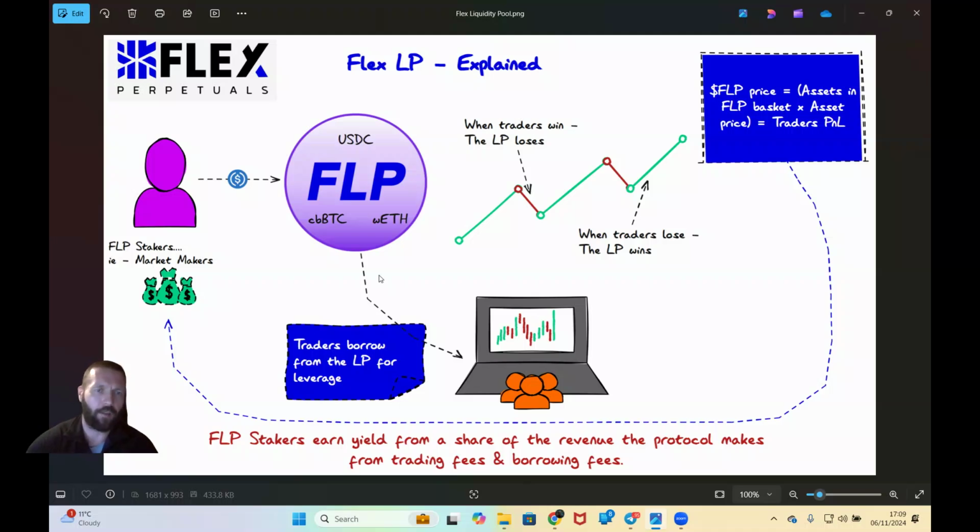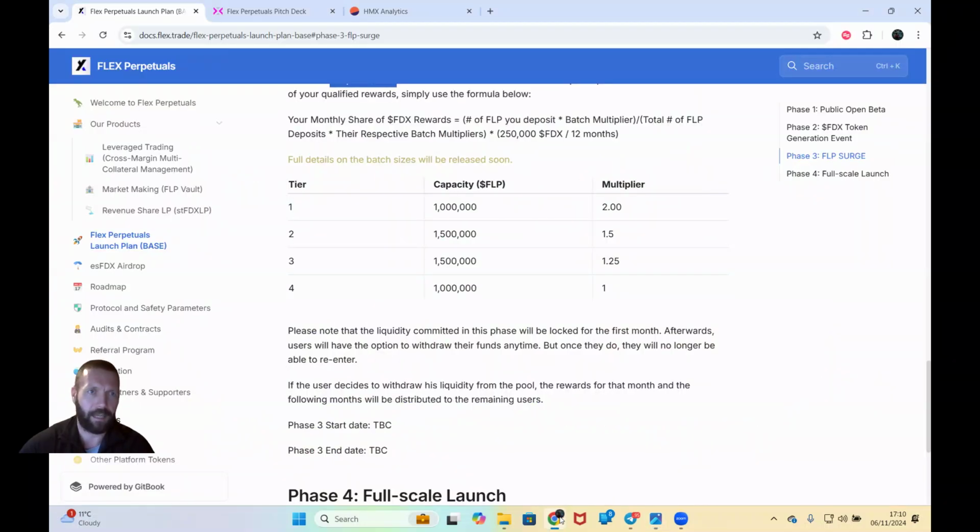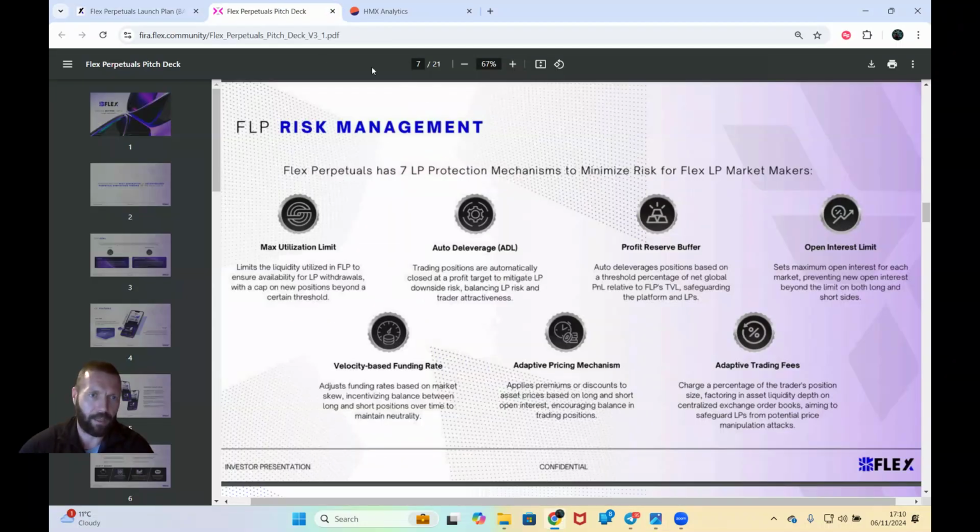And a couple of the other things to mention. So I did at the beginning mention risks. So obviously being counterparty to traders is a risk. There's a risk that people could have exceptionally good trades for a while, and that's going to negatively affect the price of the FLP token. But we have several things in place, and that's what this part of the pitch deck shows.